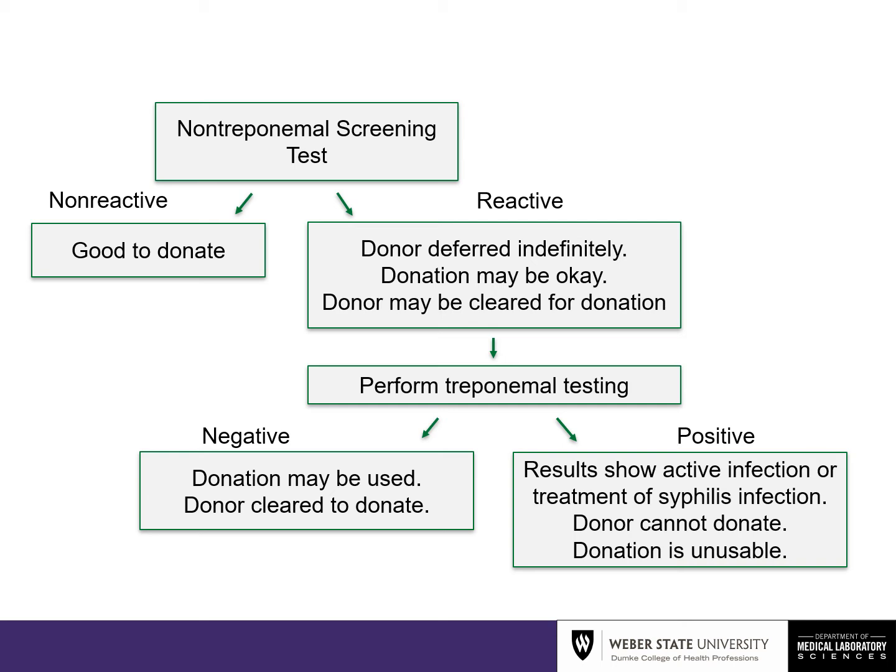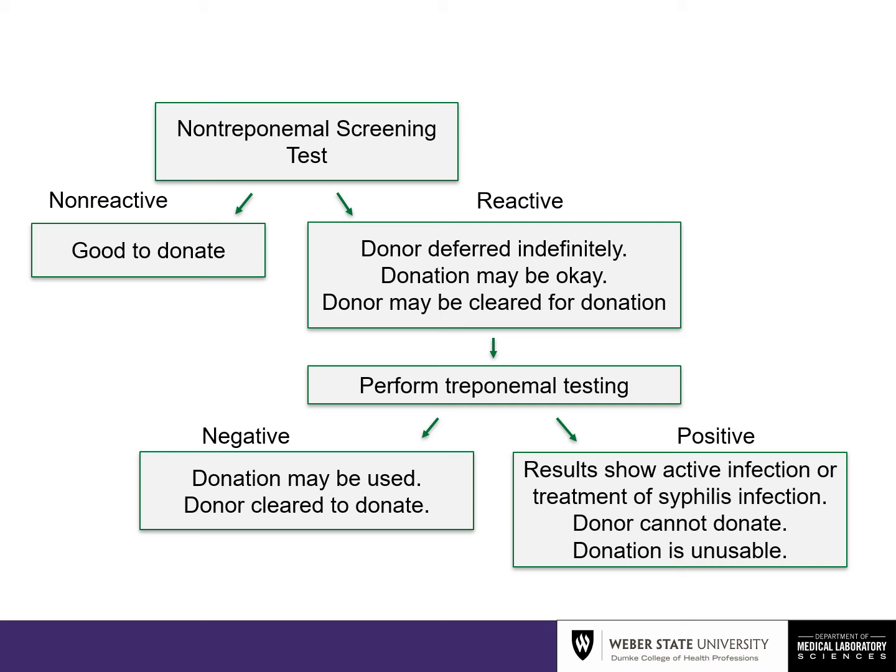Whether or not the donation and the donors will both go through the confirmatory testing. And so our treponemal testing, which will be our EIA, will either come back as negative or positive. If it comes back as negative, then the donation may be used, or the donor will be cleared to donate or continue donating. If it comes back as positive, then that just means that the results are showing an active infection or treatment of a syphilis infection.